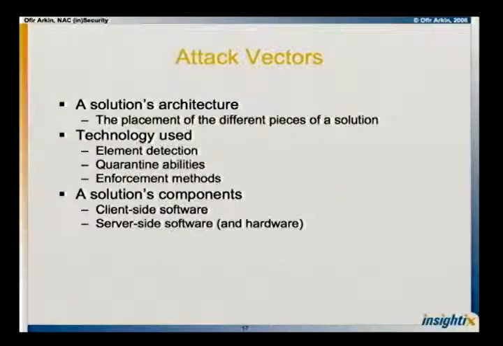Secondly, the ability to quarantine them. What are the different ways certain technology uses in order to quarantine the elements? And of course, what are the different enforcement methods? We will see that there are a lot of gaps in the element detection and quarantine abilities, as well as the enforcement methods, that will allow us to bypass these solutions.